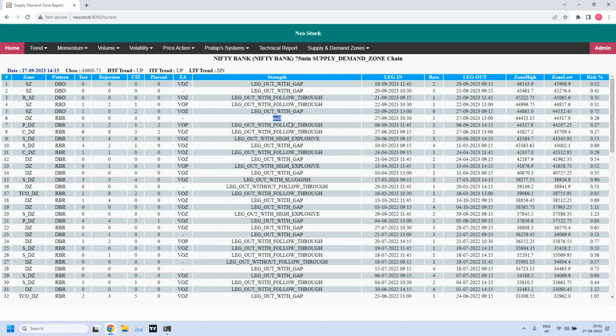Until the next candle is ready, we cannot confirm the strength. So you can assume null means it is a work in progress. After one or two candles on this time frame, the strength will be confirmed.